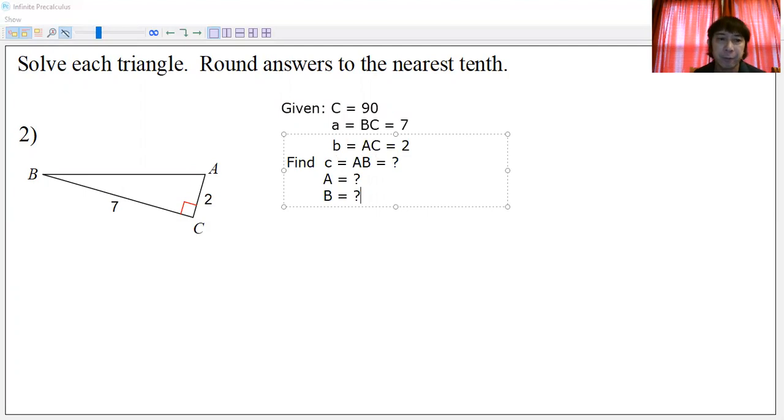So to start with, we can immediately solve for side c. The Pythagorean theorem is like this: small c squared is equal to a squared plus b squared, and then the square root of that sum. This is how to write the equivalent.